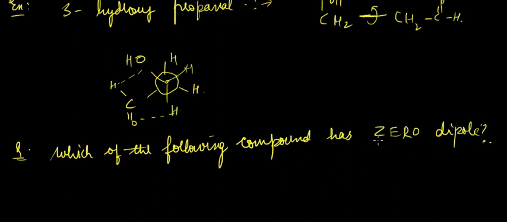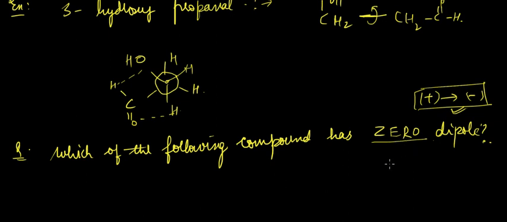Okay, so I hope you know what a dipole is. Dipole is just if we have charges in an organic compound, then we can map that charge flowing from positive to negative in a certain direction, considering all the atoms in that compound.